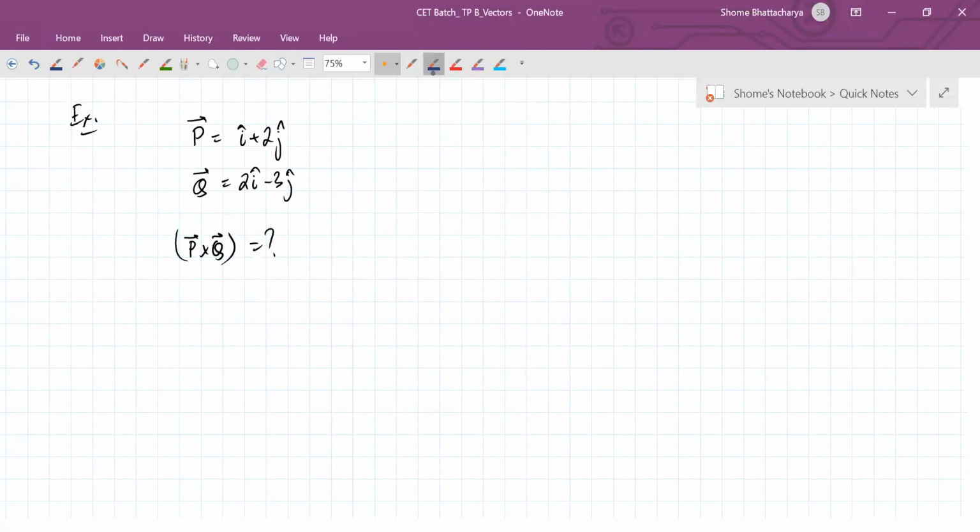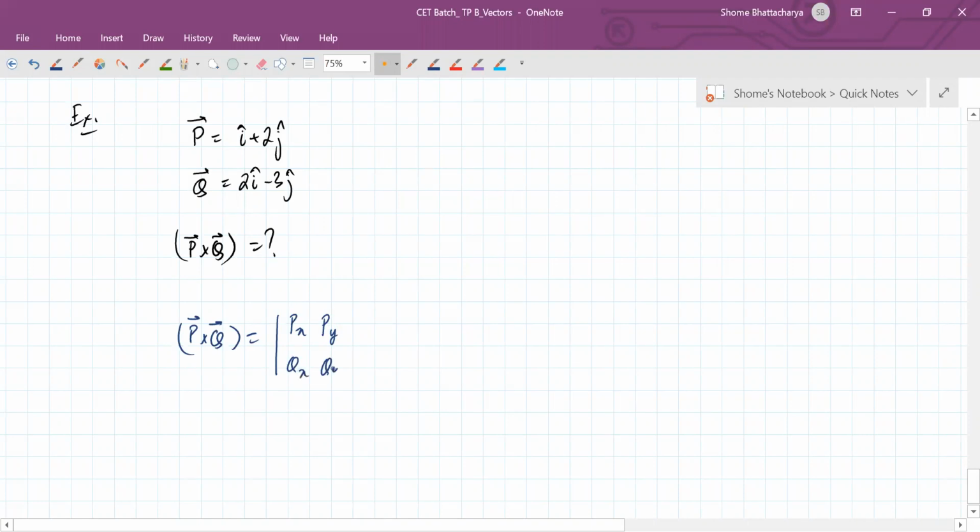So we just apply this formula. P cross q will become the determinant of a matrix which has the first row as p's components and the second row as q's components into k cap.